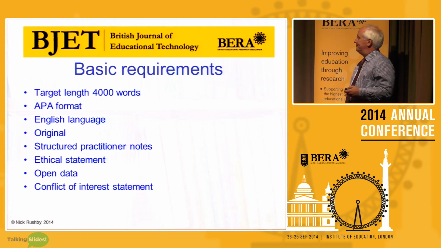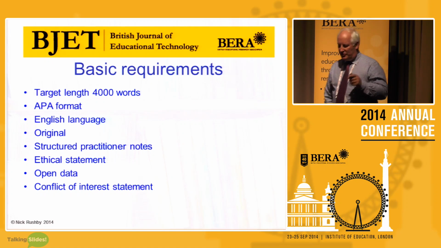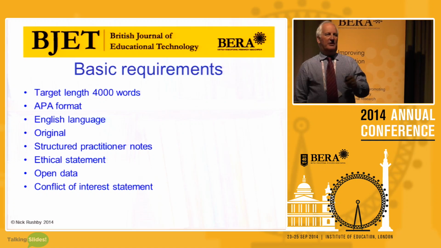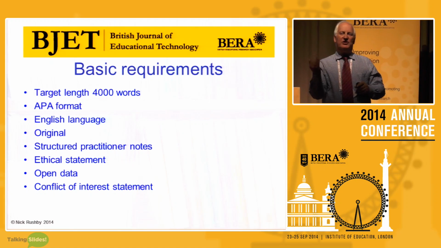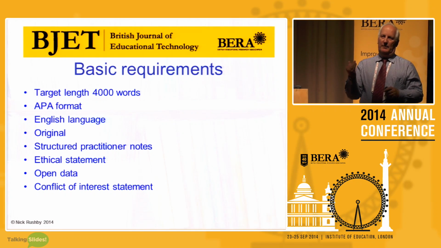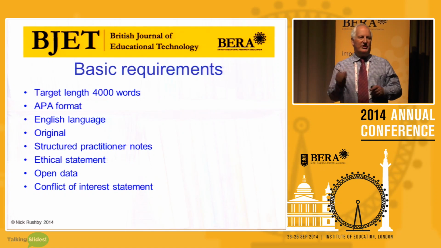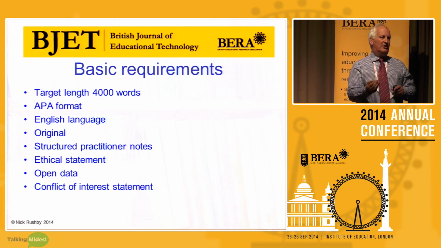Jessica was saying that the most read part of a paper is the abstract. We actually asked for something else. Yes, we want an abstract, but we also asked for a set of structured practitioner notes.